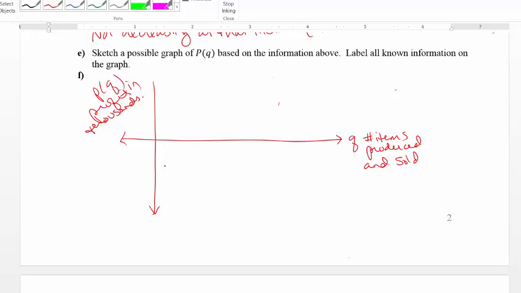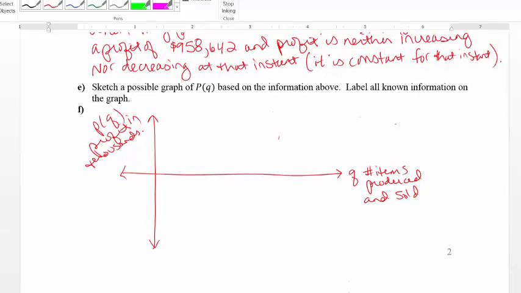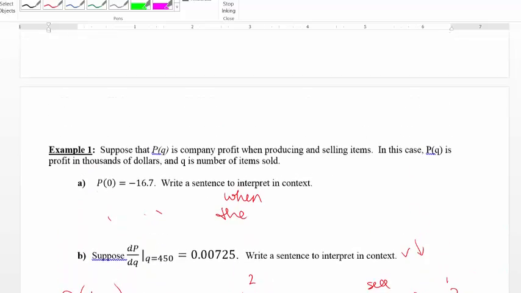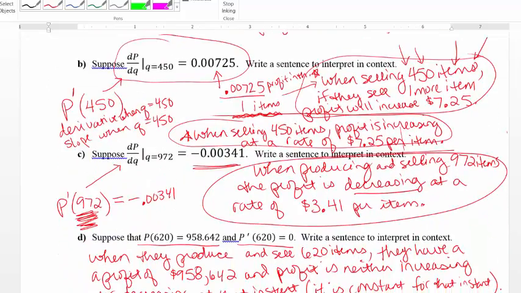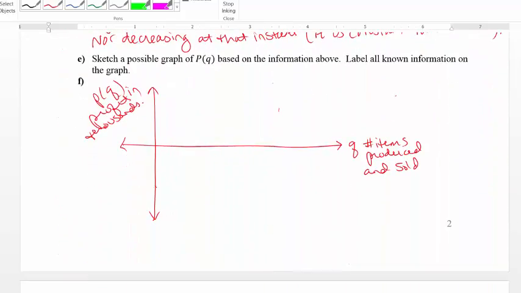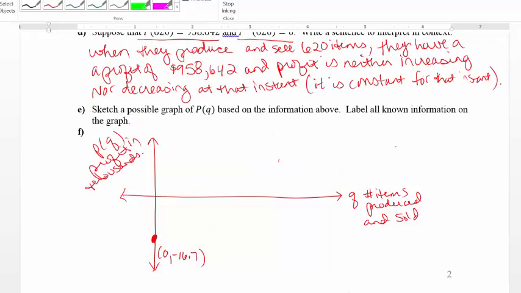And they've given us some information about some points on the graph and some rates of the graph at various instants. So first they said P of 0 is negative 16.7. So it's saying that's the y-intercept, 0 comma negative 16.7. When selling nothing, their profit is negative 16,700.